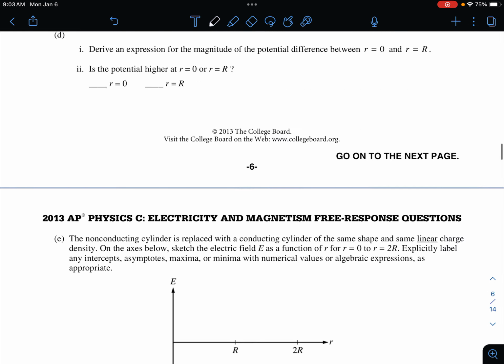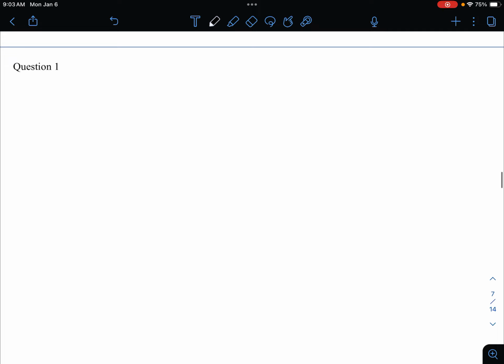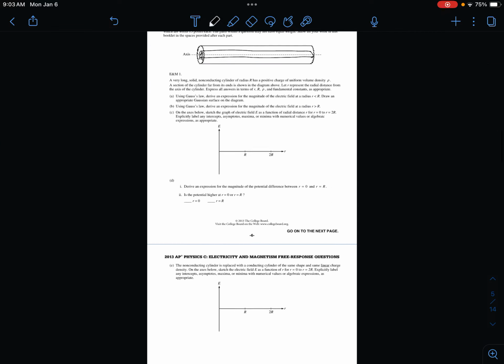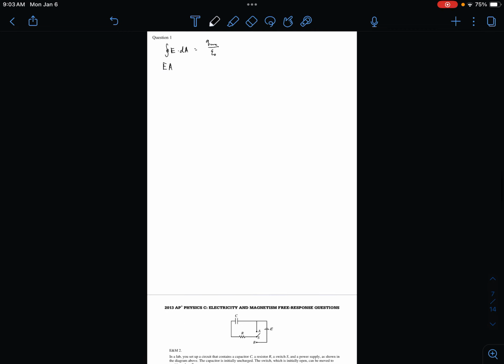So with this Gaussian surface, when we're doing Gauss's law, we always write that the electric flux through that surface is going to equal the total enclosed charge over epsilon naught. We chose a cylinder because it has that symmetry, so we can take E out of that integral. In other words, at every point on the area of that cylinder, the electric field is the same.